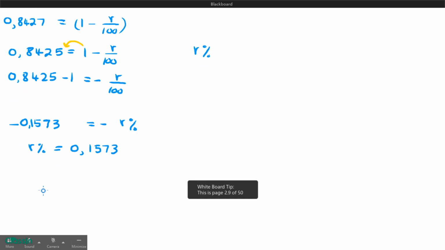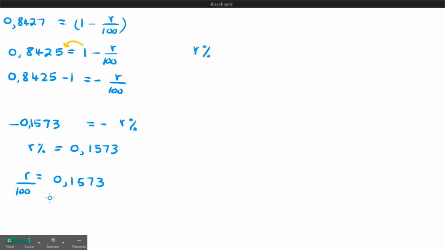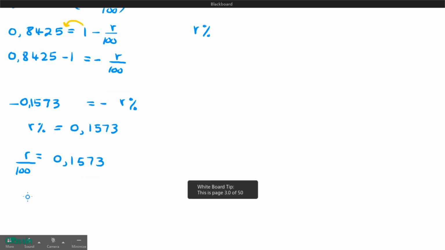Okay. Now, we want R, not R percentage. R percentage is 0,1573. Because we want R, not R percent, we are going to multiply both sides, or we can simply say cross multiply, and remember to put this side over 1 to make it a fraction.